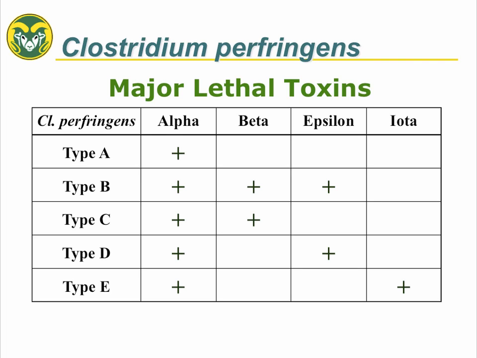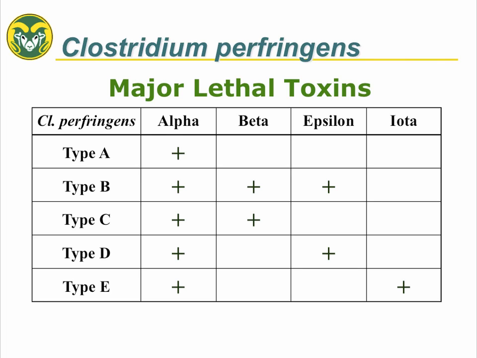Even though they carry the alpha toxin gene and express alpha toxin, when these vaccines are made, there tends not to be much alpha toxin in the toxoid prep, and so we don't get much activity there. So C and D cover the beta and epsilon. Because they cover beta and epsilon, they also provide some immunity for type B infections. So that's how the vaccines go together and what they protect.